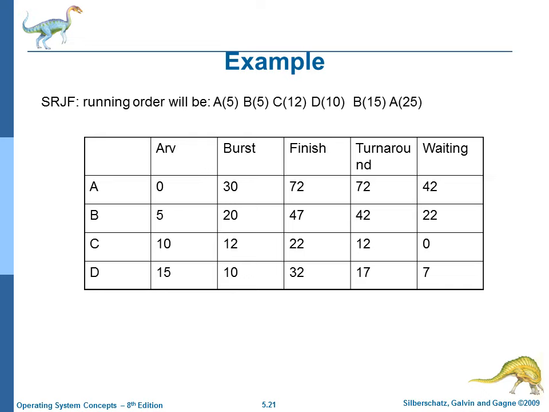Actually, if we work with shortest job first, we will have a problem of starvation for processes with short CPU burst time.